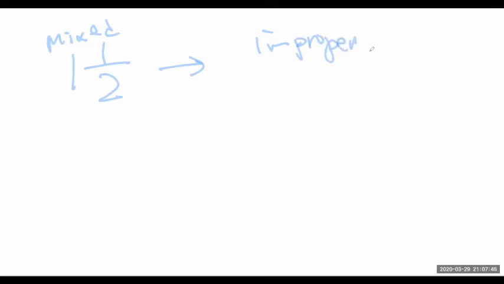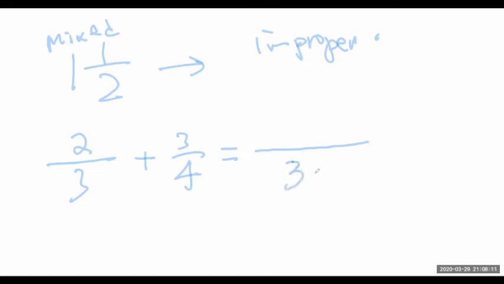Remember what we did last time, how to add fractions? So 2/3 plus 3/4. How do we do that? A over B plus C over D is (A times D plus B times C) over B times D. So 3 times 4 on the bottom, and on top it's cross, 2 times 4 plus 3 times 3.